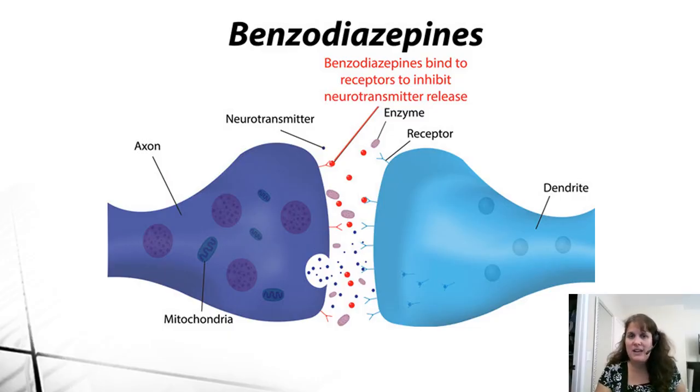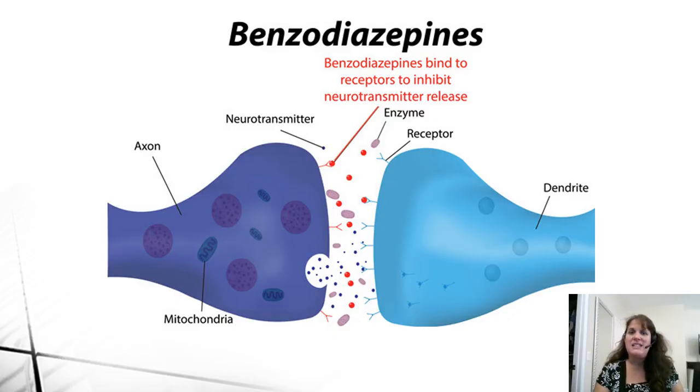Regardless of how we call them, their mechanism here is that the inhibitory neuron secretes GABA, as we talked about before, right? And GABA allows for negative chloride ions to enter the postsynaptic cleft. It's going to help decrease that neuronal excitability of the cations of calcium and sodium that are coming from the presynaptic cleft. So with benzos or benzodiazepines, their mechanism is to increase GABA activity by binding to these GABA A receptors and therefore stimulating the GABA channel opening.